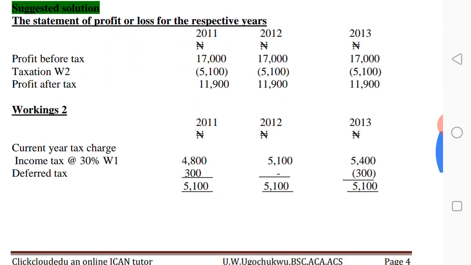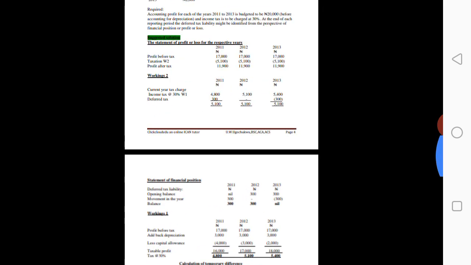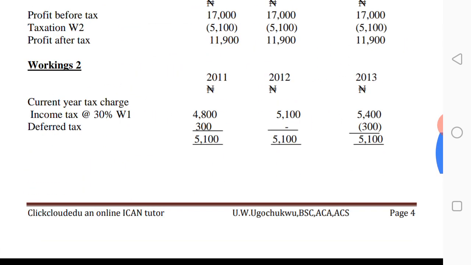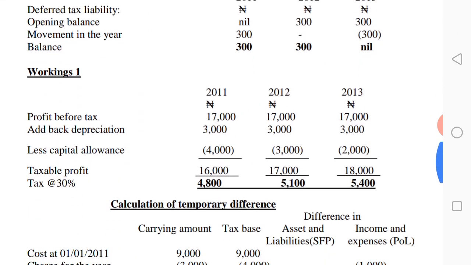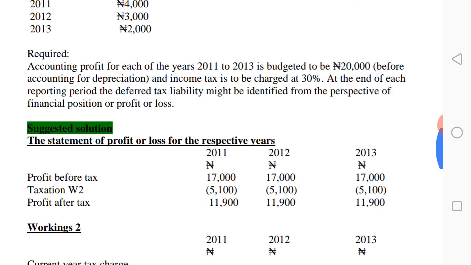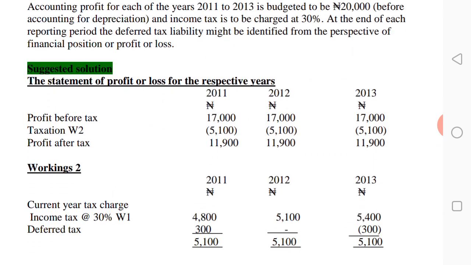So we draw up our profit or loss extract. The profit before tax is 17,000, which is a profit before depreciation of 20,000 minus depreciation. Then what our tax will be is what we don't know.